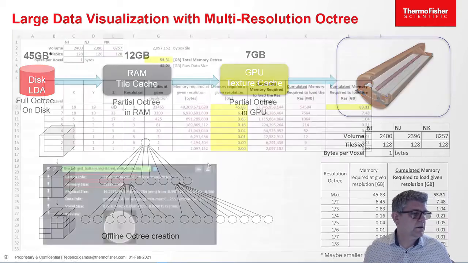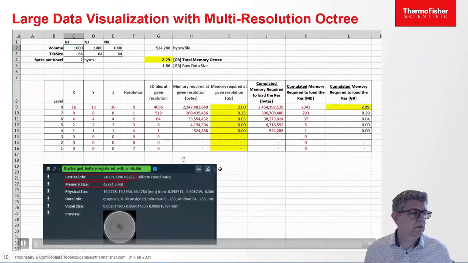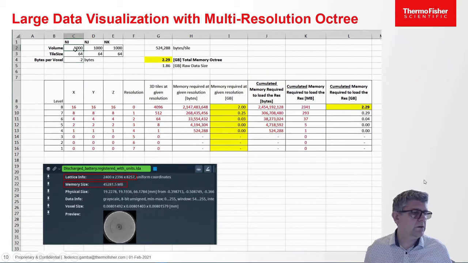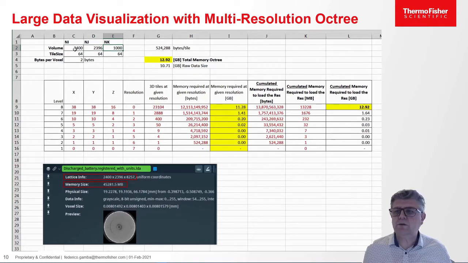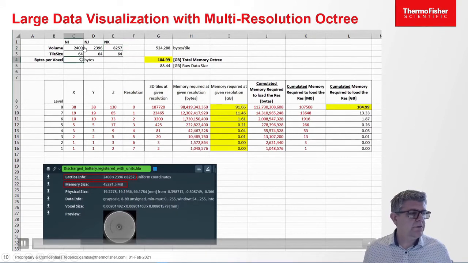Another thing I provide with the tutorial is an Excel file that lets you compute exactly how much memory you need, and it's interesting because it lets you understand a bit more about LDA. In the Excel file you enter the information at the top left: how many voxels you have, what the tile size is, and the number of bytes per voxel.